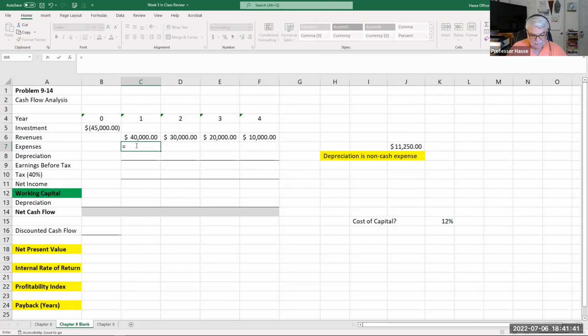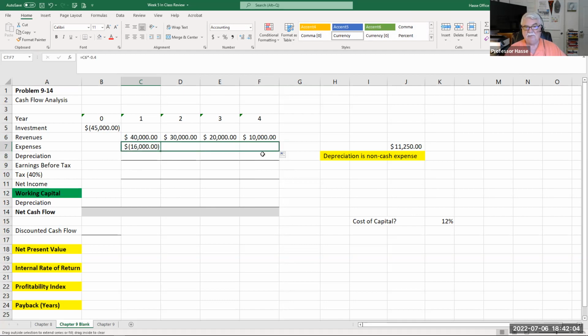So I'm going to say that 40% of my sales, 16, right? Are my expenses. So I'm taking the revenues times negative 40%, $16,000. There's my expenses. And I'm just going to copy that all the way down.